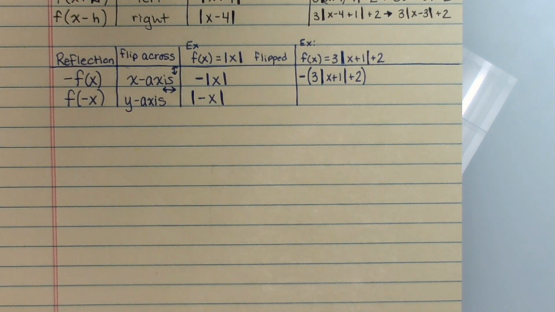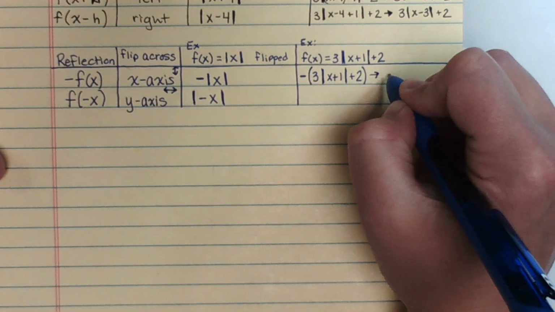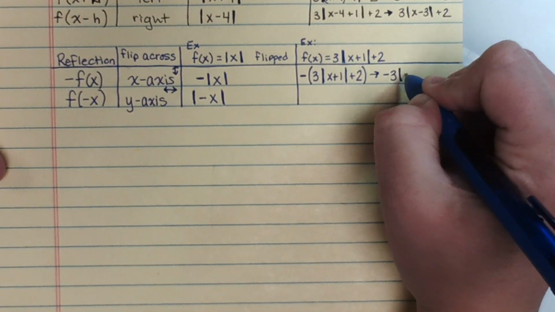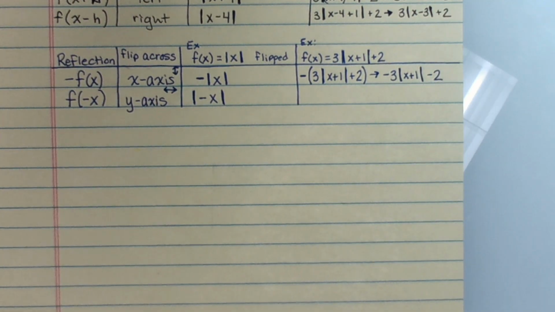Now, a negative in front of a set of parentheses is a -1 in front of a set of parentheses. What do you do when there's a number directly in front of parentheses? Distribute. Can I distribute into absolute value? No. Can I distribute in front of absolute value? Yes. Which means that negative goes on both the 3 and the 2 that were originally there. And it becomes this.